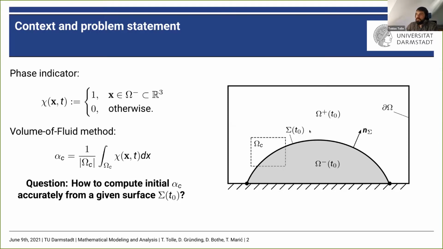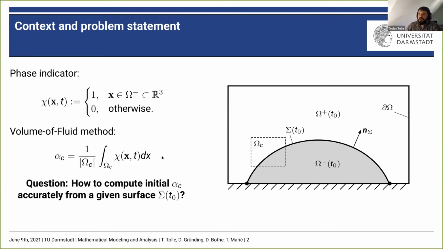And if we want to initialize such a setup, we also need to provide the initial conditions for the distribution of these phases. If you, for example, use the quite popular volume of fluid method, which uses so-called volume fractions to represent these phases, we need to initialize them too.